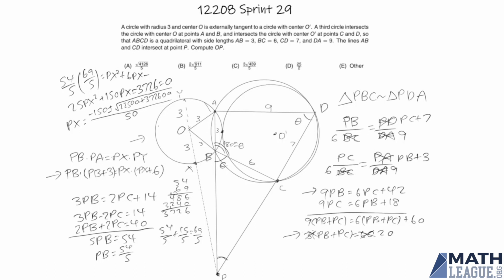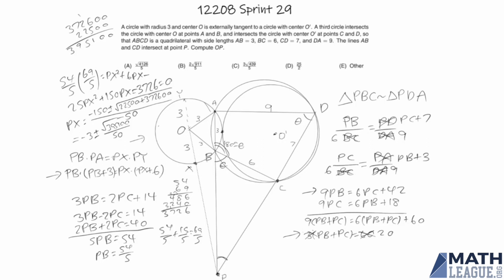And then let's solve for the thing inside the square root. So we get 372600 plus 22500, and we get 395100. And then the 150 over 50 is 3, so we get negative 3 plus or minus root 395100 over 50.